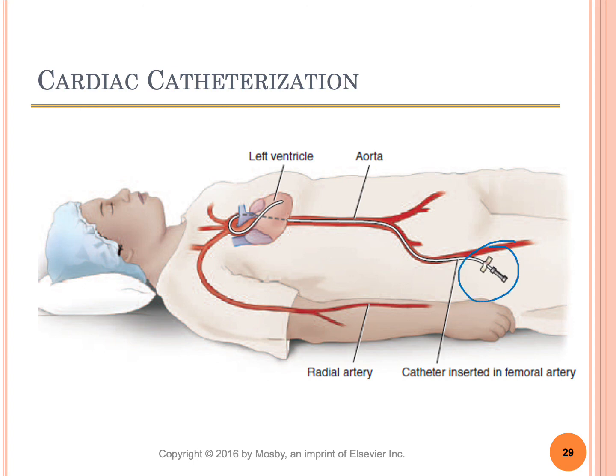All right, so this is usually done in radiology, and they will insert this long catheter, usually a wire first, and then they will get the wire up into the heart where they want it, and then they'll put the catheter over the top of it, and they will guide it up into the heart, and they can inject dye and take images and those kinds of things to gain a better understanding of what is going on with the heart.